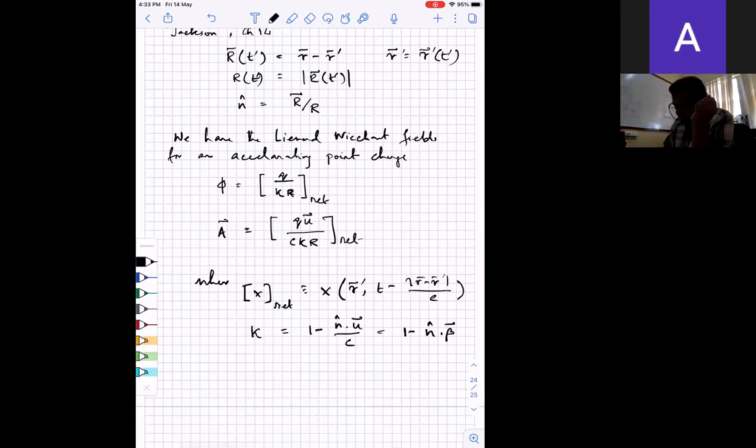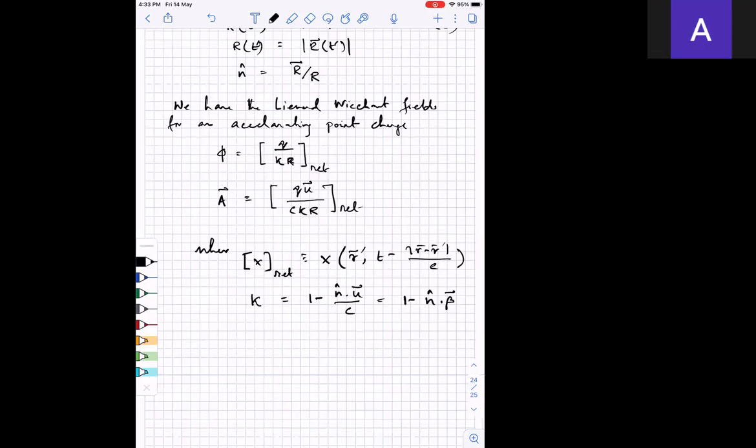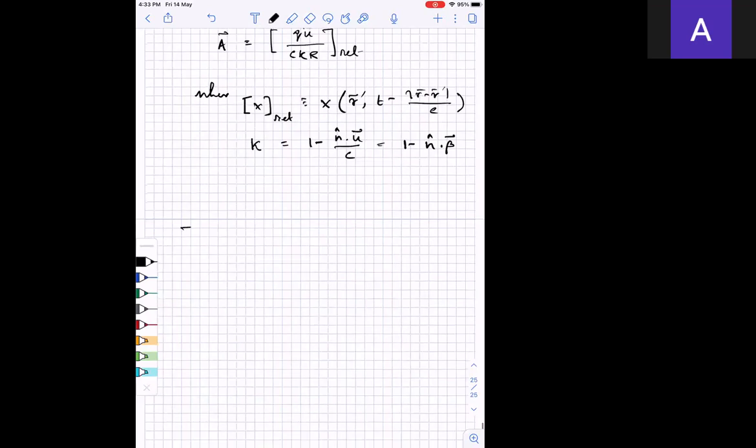So a couple of points over here. Once we write it like this, you'll notice that this potential due to a moving, accelerating charge is different from a static potential.